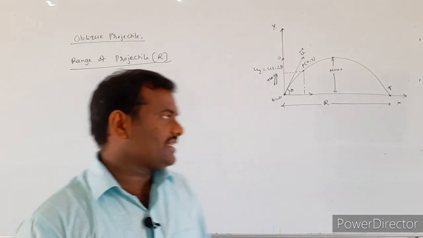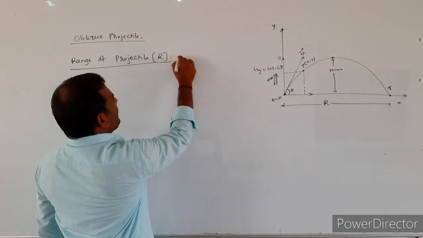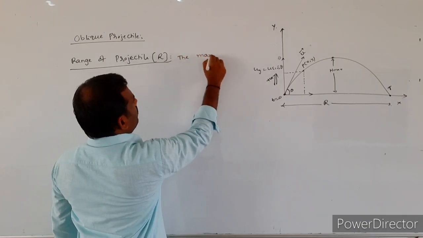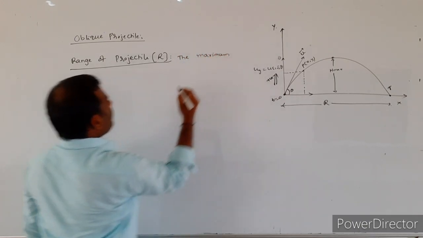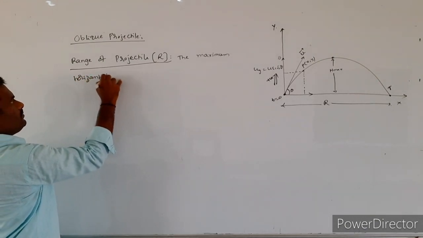How can we define the range of the projectile?